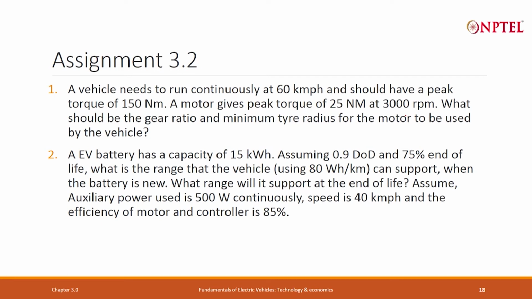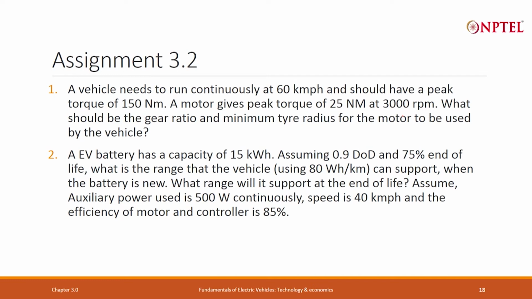So, this is the assignment 3.2 that I am giving you, and these are assignments which will give you some good understanding. The first assignment: a vehicle needs to run continuously at 60 km per hour and have a peak torque requirement of 150 Newton meter. A motor gives a peak torque of 25 Newton meter at 3000 RPM.